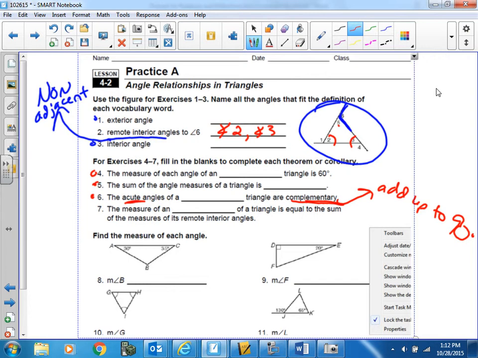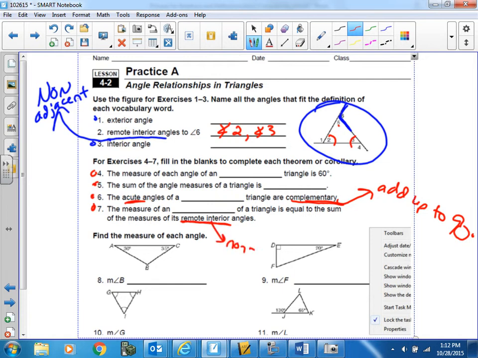Now number 7. And number 7 you should be able to do. We talked about that. That's one of our theorems. So again, remote interior would be non-adjacent.